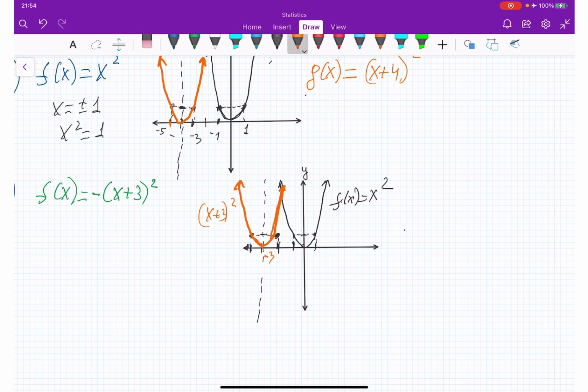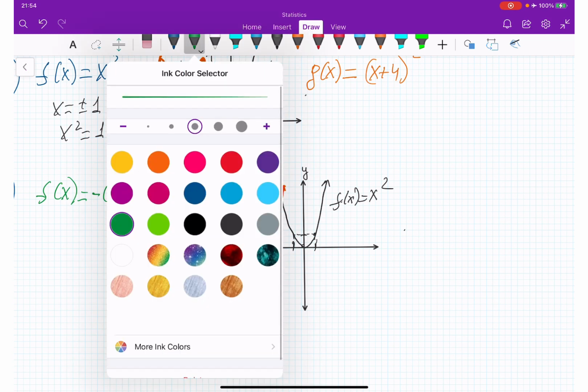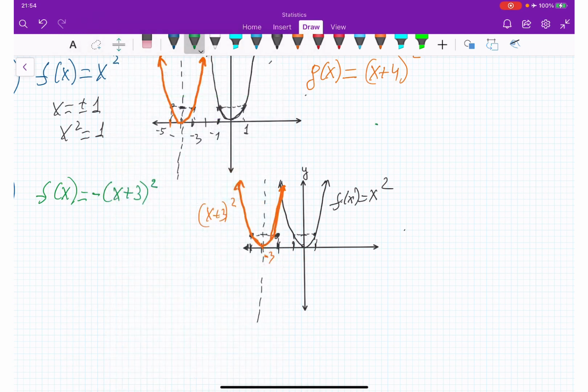Now we need to flip it down. If I flip it down, this is -1, move down, -1, these 2 points. It's going to come this way and this way.